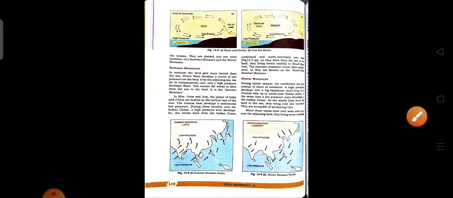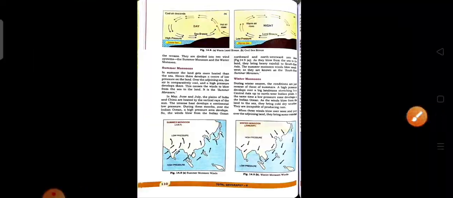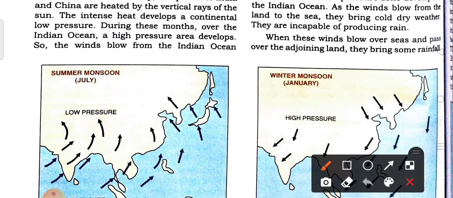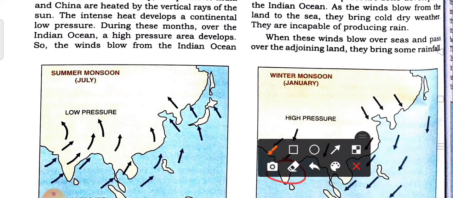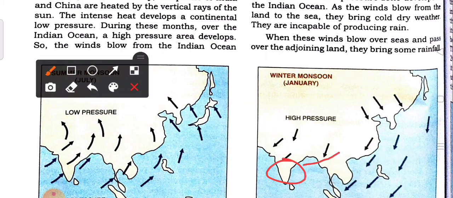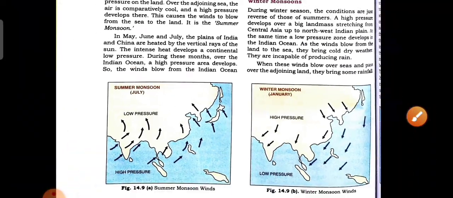So in this picture we can see that in the Tamil Nadu region the wind flows over the sea and then again gets to the adjoining land. Here it gets the rainfall by the winter monsoon.